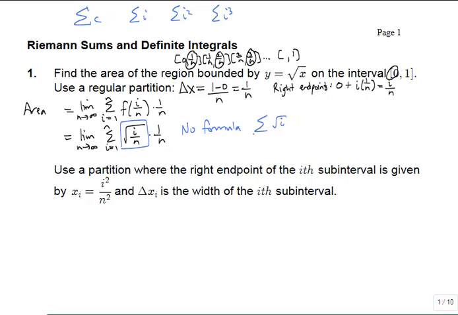There's no formula that exists for that. So this would be impossible for us to break down and turn into a formula and get rid of that summation, because we don't know a formula for the sum of square roots of i. Okay? So what we're going to do is modify what we plug into our function so that what we end up with is easier to work with.